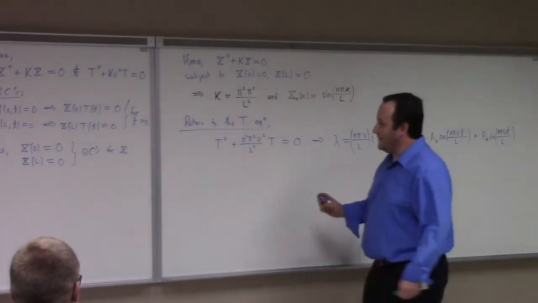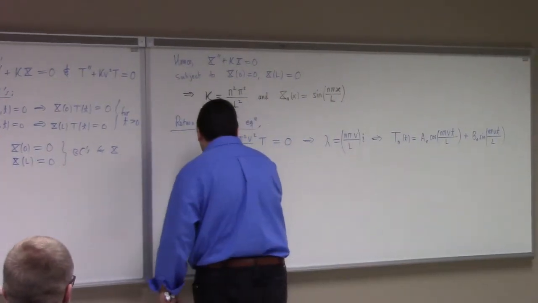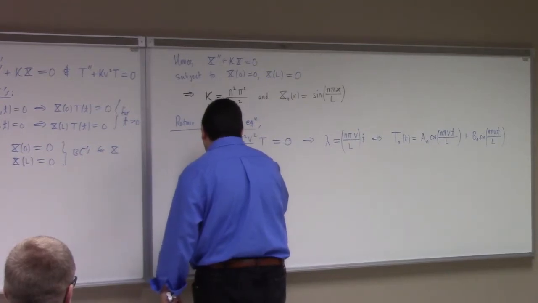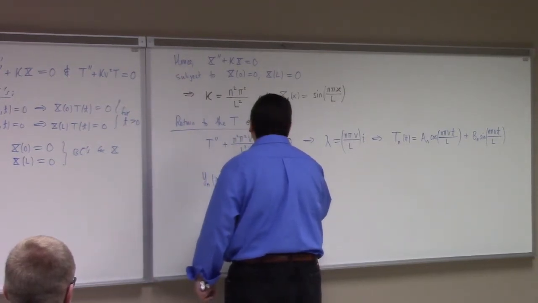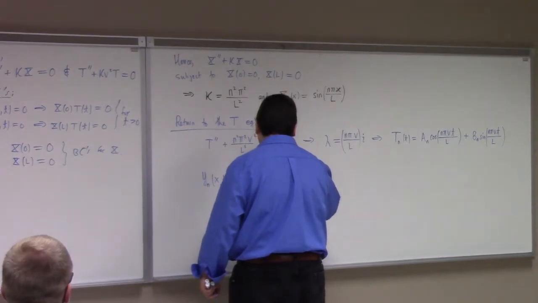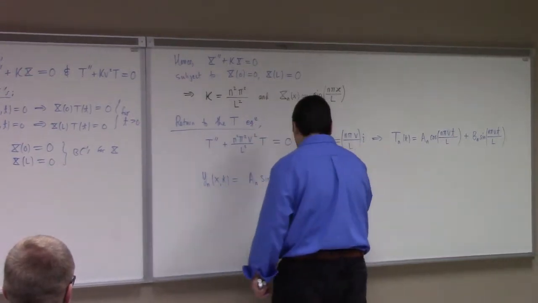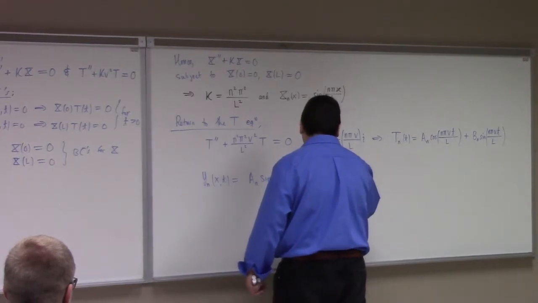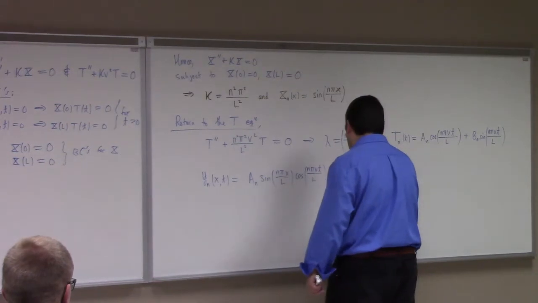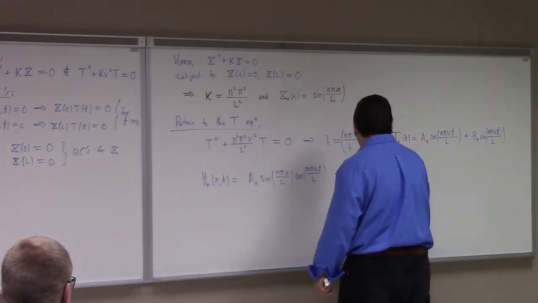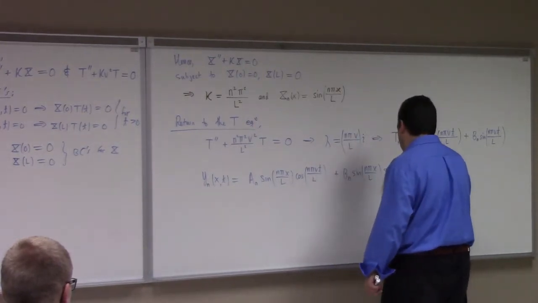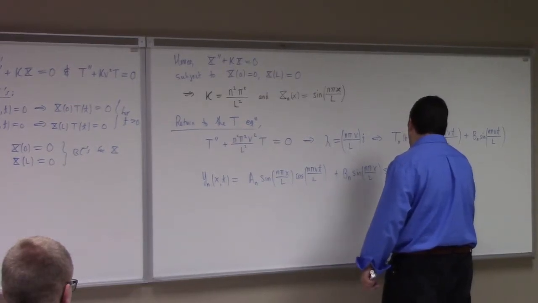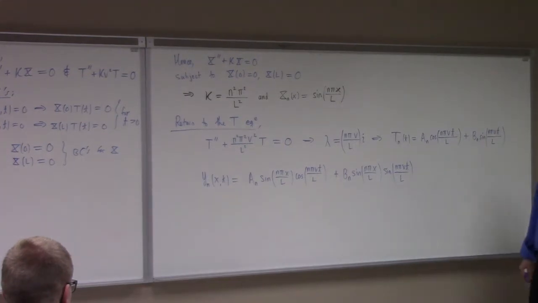So here we go. y sub n of x and t would be something like a sub n sine of n pi x over L cosine of n pi v t over L plus b sub n sine of n pi x over L sine of n pi v t over L. What does this function satisfy?